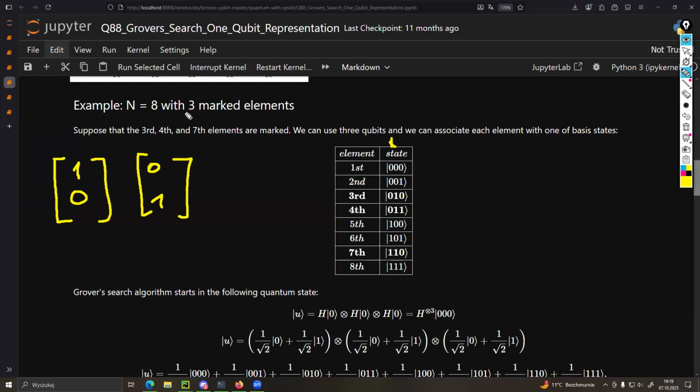We need to search for three marked elements in the space of 8 elements. This is literally 8-dimensional space. So how can we even display in our mind how we can reason about it?